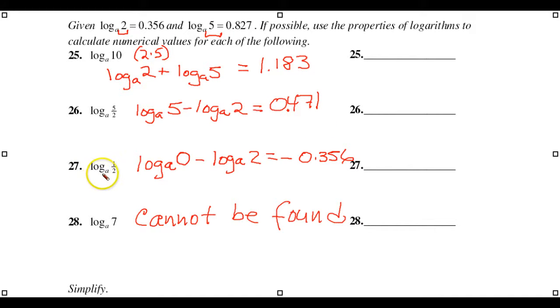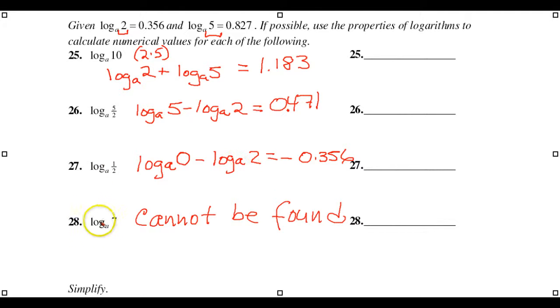And here the tricky part is the log base A of 1 is actually a 0. 0 minus whatever this 2 would be. So 0 minus this is just minus that.